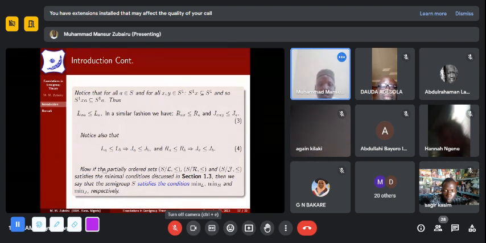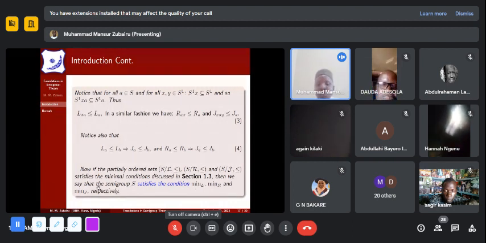Once these orders satisfy the minimal conditions, we say that S satisfies min L, min R, and min J. One can just go and check.